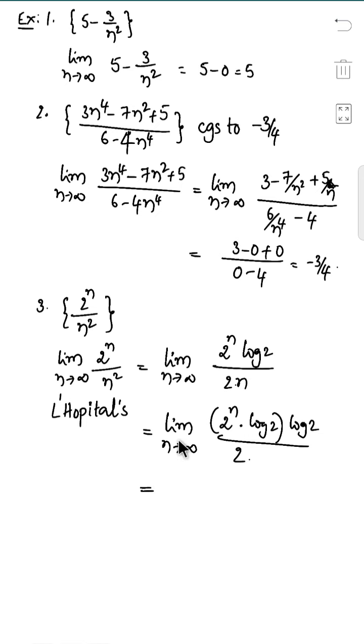Okay, so limit n tends to infinity. Now we can apply here. See, this is log 2 whole square divided by 2, limit n tends to infinity, 2 to the power of n. This is nothing but infinity.